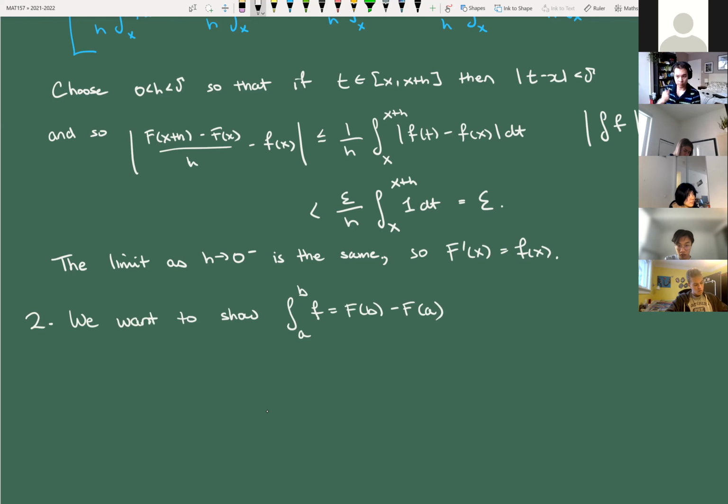Okay, how do we do this, right? What's the definition for us? That is, we want to show that for every partition, F of b minus F of a lies between the upper and lower sums.